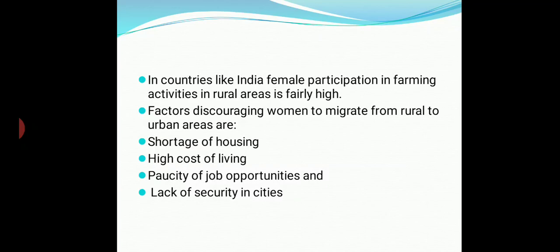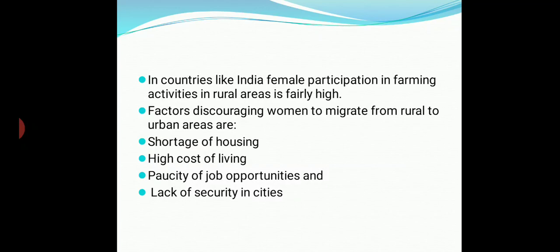In countries like India, females' participation is more in farming activities. Their presence is fairly high in rural areas. Why is this so? Because women are not so willing to move from rural area to urban area, though the scenario is changing a lot.